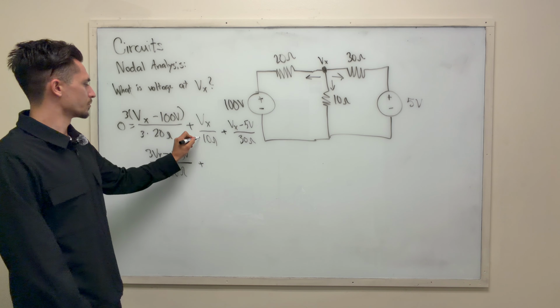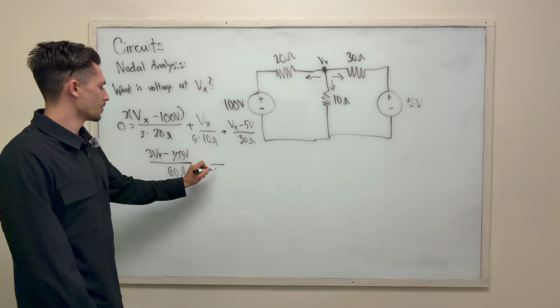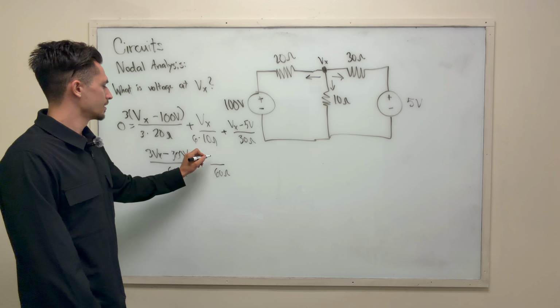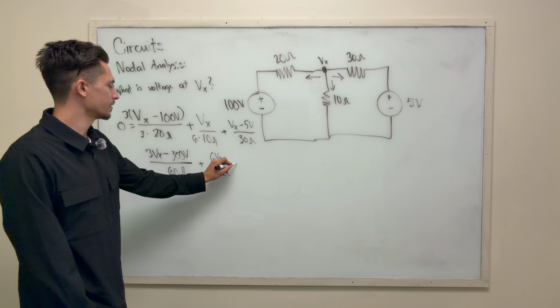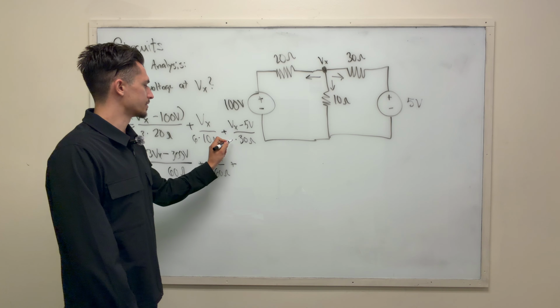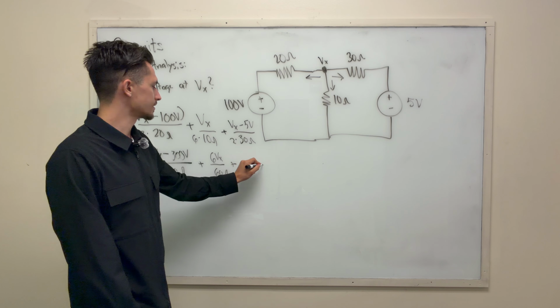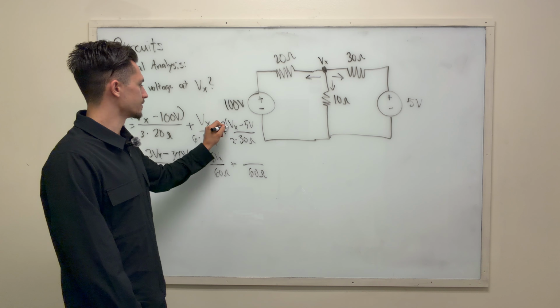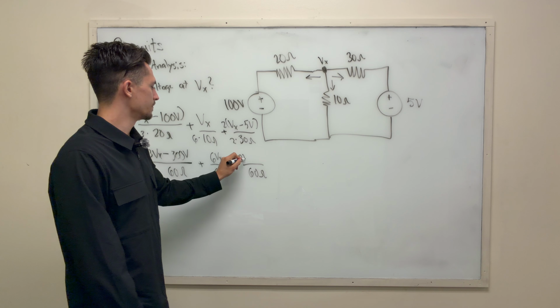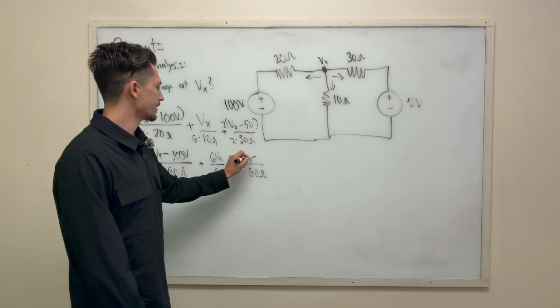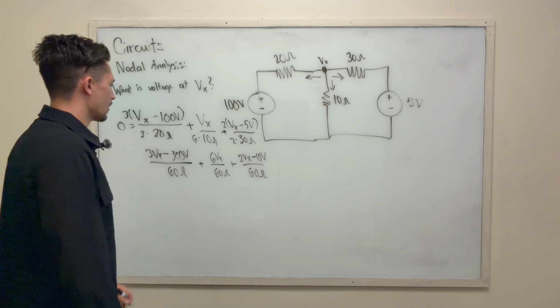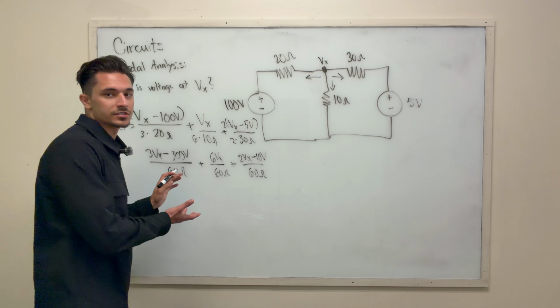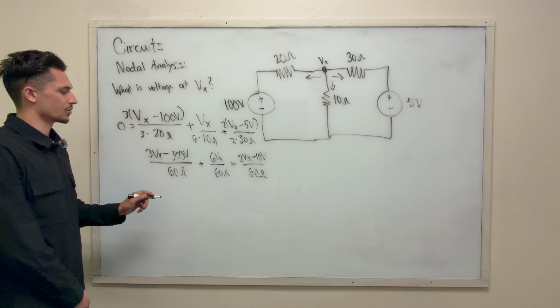The next one we're going to multiply by 6, so we get 60 ohms in the denominator and 6Vx in the numerator. The last one, we're going to multiply by 2, so we get 60 ohms in the denominator again, and the numerator becomes 2Vx minus 10 volts.